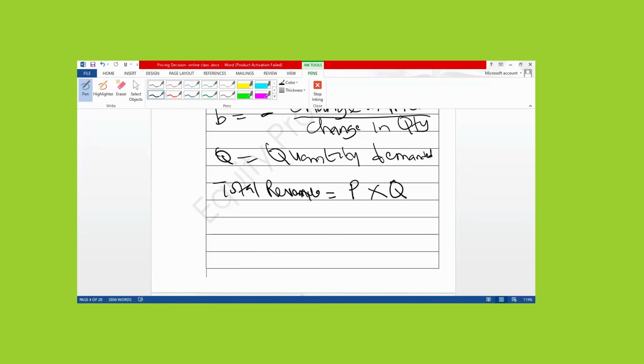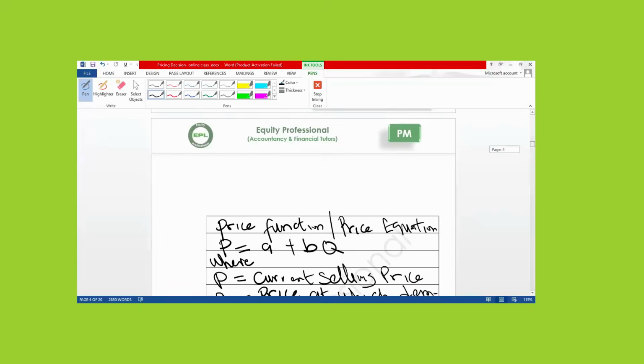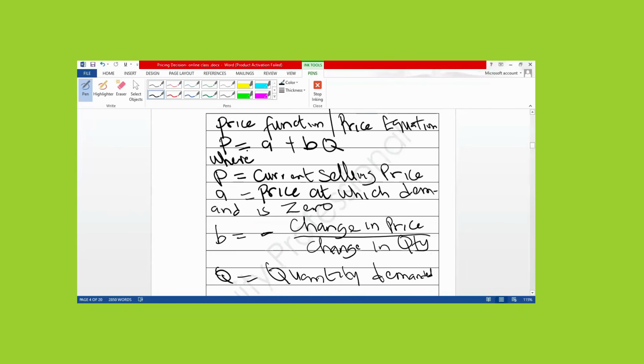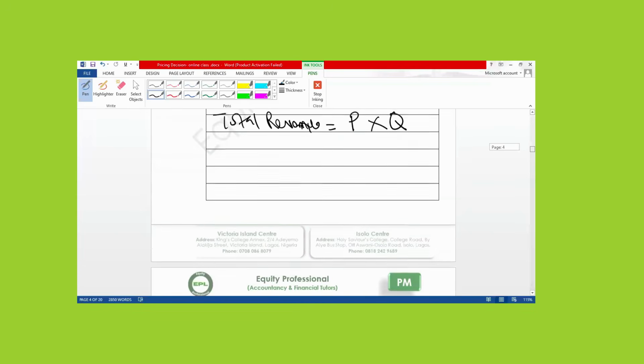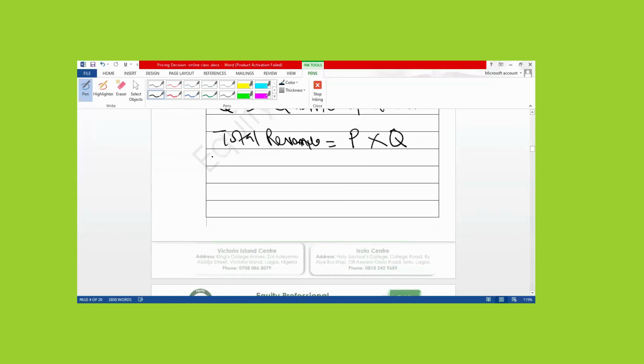Now look at it. Our price is equal to A plus BQ. That means I can substitute, I can change P. Total revenue is equal to, remove P, A plus BQ multiplied by Q.